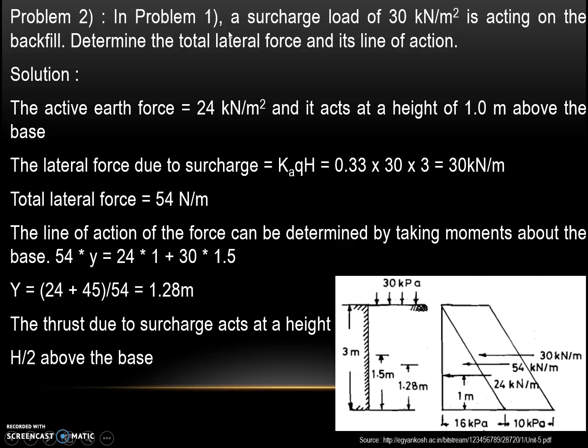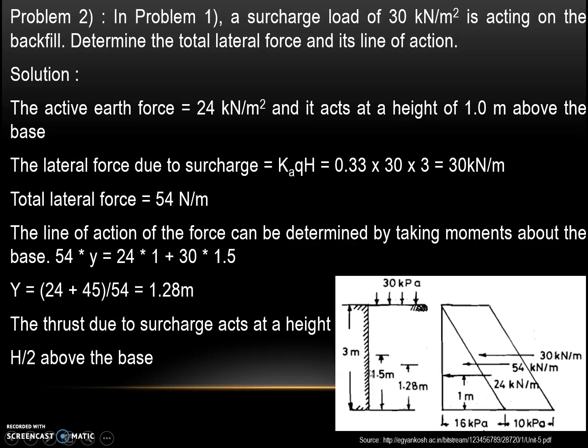Now we will solve a problem based on it. In problem 1, a surcharge load of 30 kN per square meter is acting on the backfill. Determine the total lateral force and its line of action. Here the same problem is considered, wherein the height of the backfill supported by the retaining wall was 3 meter.